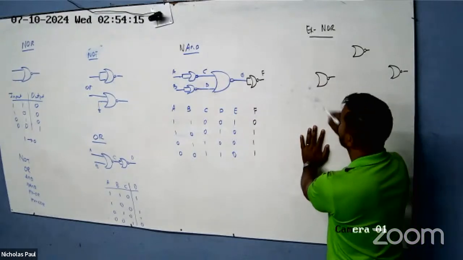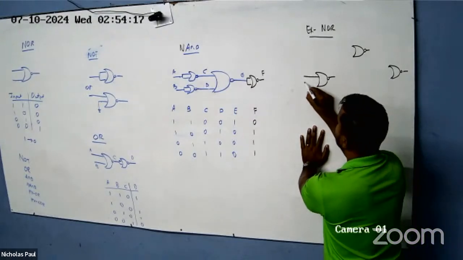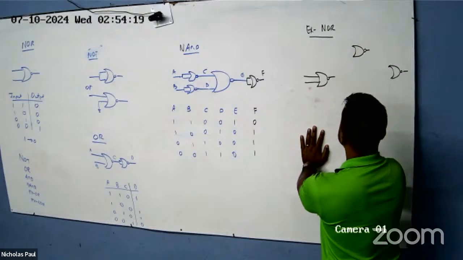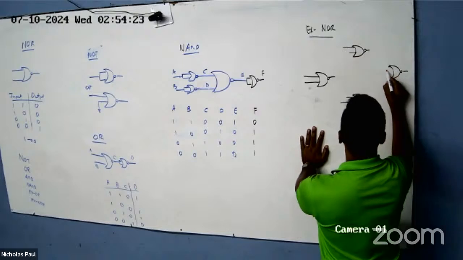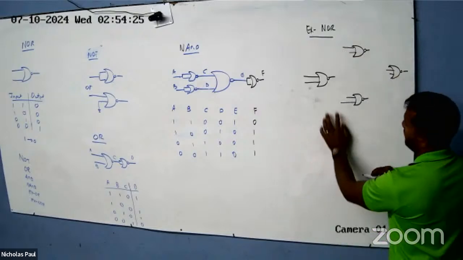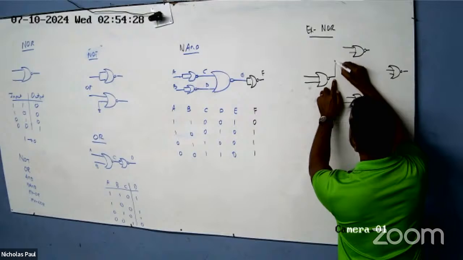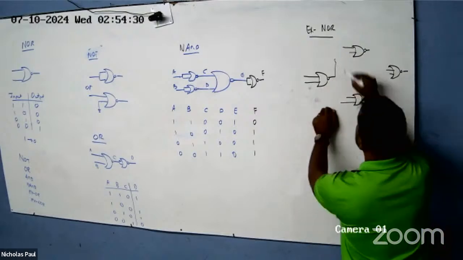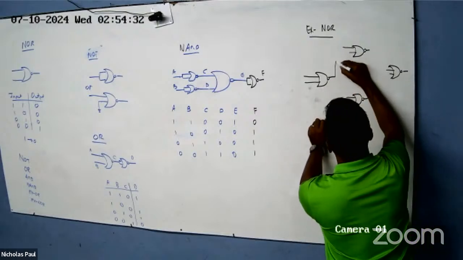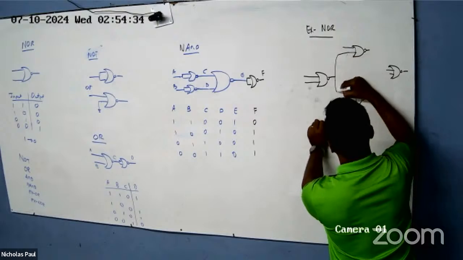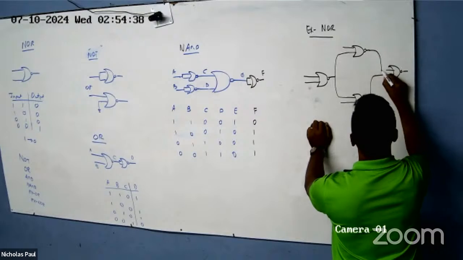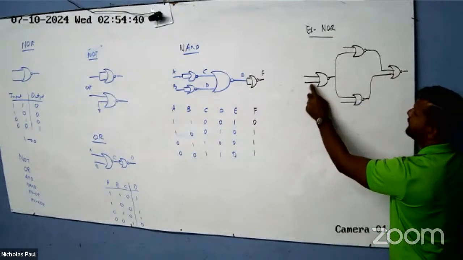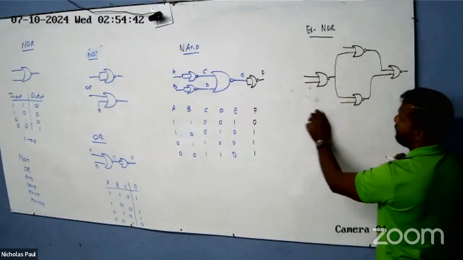Watch your connection. This output is connected here, this output is connected here. This goes here, this goes here. These two are from the initial input.